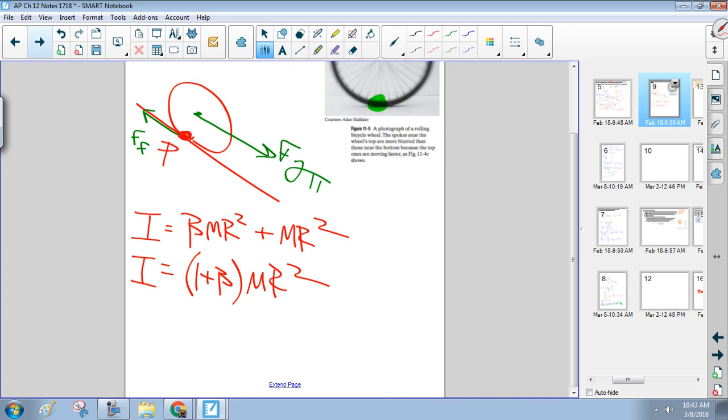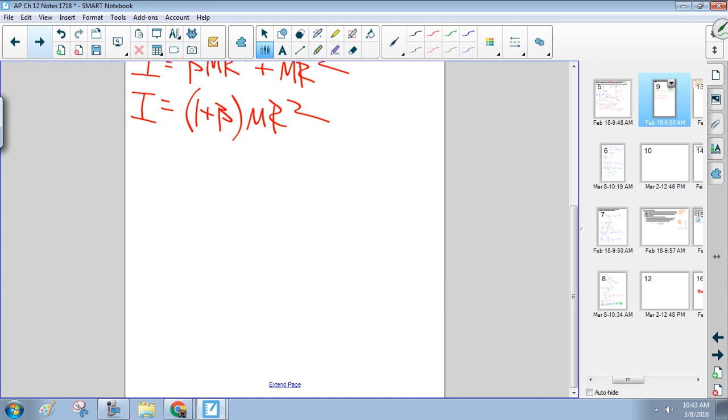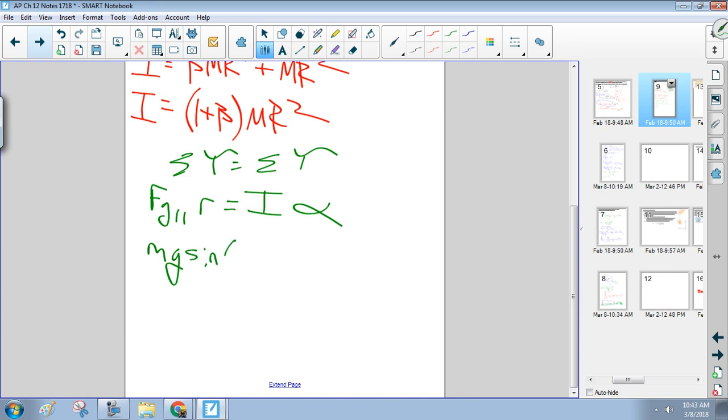Good? All right, so now I'm just going to do net torque equals net torque. So force of gravity parallel times radius equals I alpha. Fg parallel is mg sine theta times r equals 1 plus beta mr squared alpha.